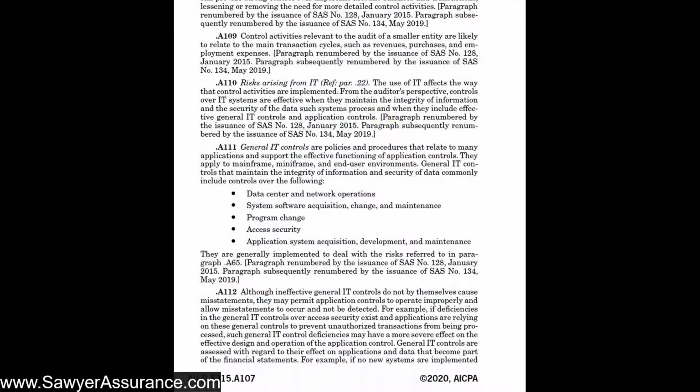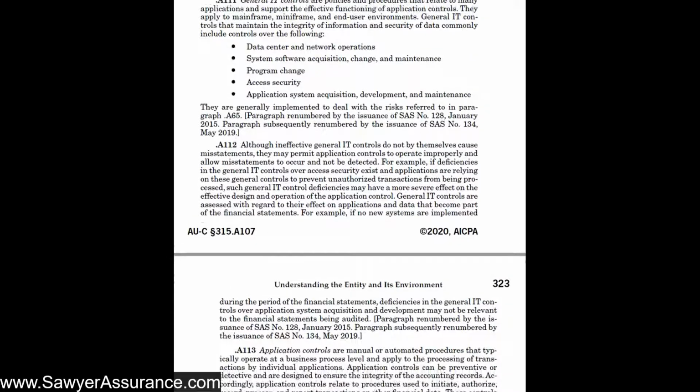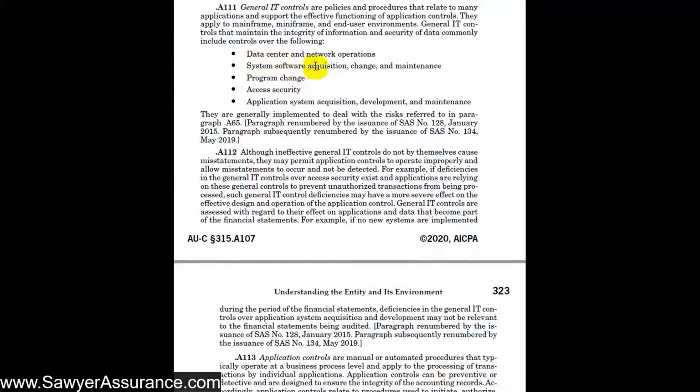The typical controls in an IT system might be data center and network operations, system software acquisition, change and maintenance, program change, access security, and application system acquisition, development, and maintenance. So we want to gain an understanding of how each of these systems is secured. For instance, if there are changes to the software, who approves those changes and makes sure that the information coming in and out is accurate after the change?